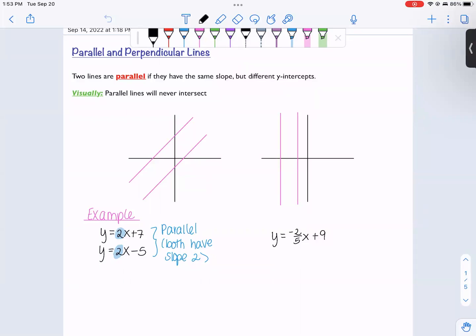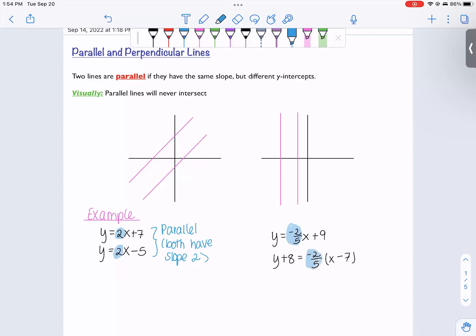Let's hope. All right. So we have a line in slope-intercept form here, but we could also write another line, the parallel line, in point-slope form. So these guys right here are parallel as well. They both have a slope of negative 2/5.